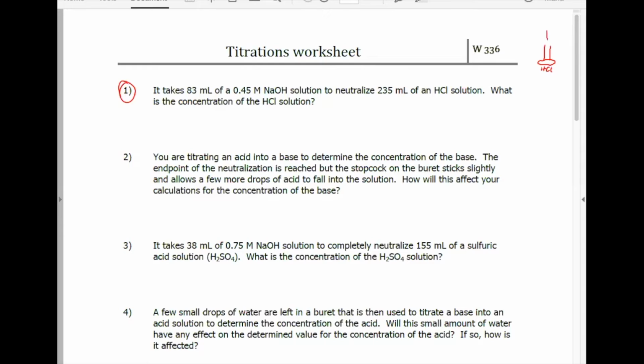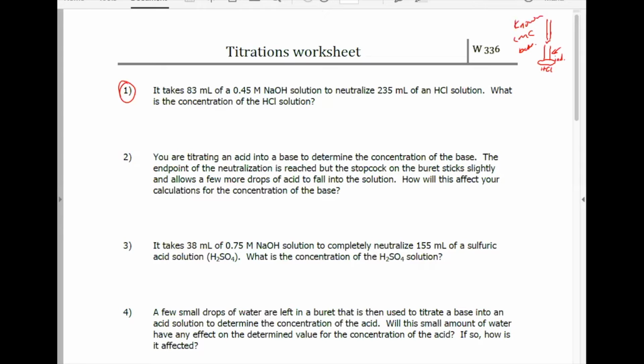And then we have a burette. In this burette, we have a known concentration of a base. Also, something that you find in this is an indicator, and as we have already established, an indicator helps indicate when a reaction is complete.